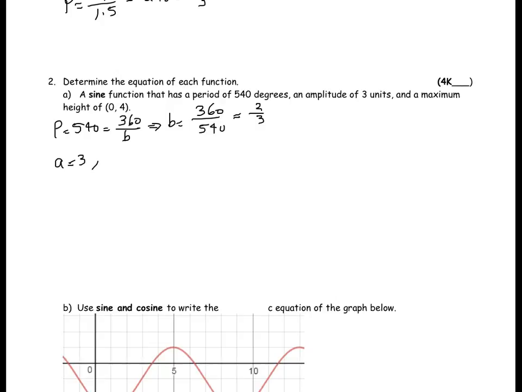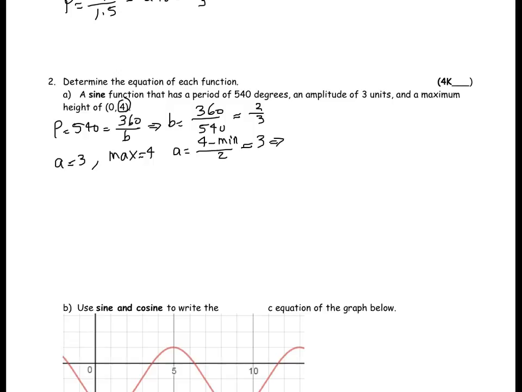And also the maximum is 4 here. So max is 4. But we know that amplitude is max, which is 4, minus mean, divided by 2, which is equal to amplitude, which is 3.